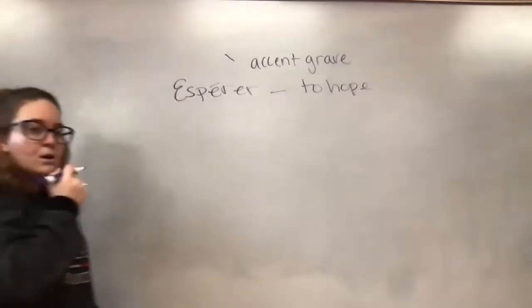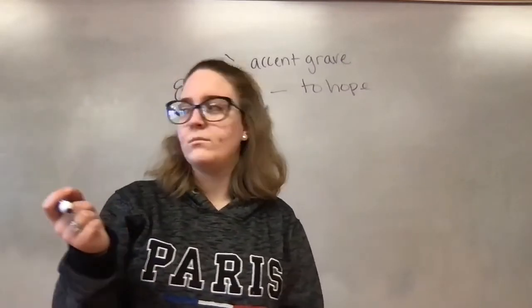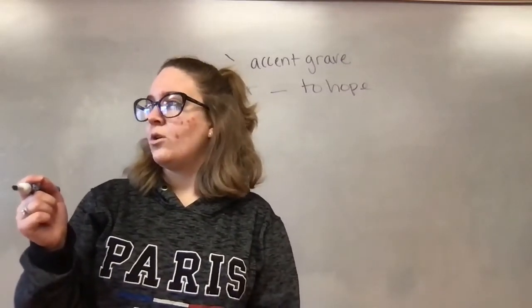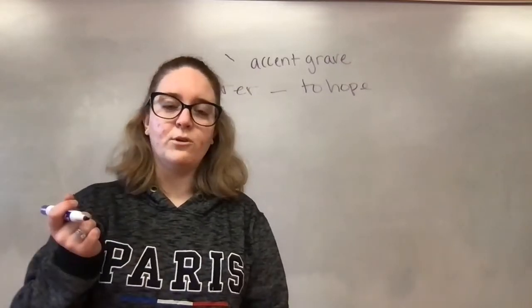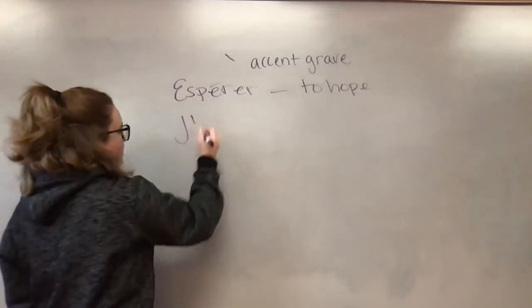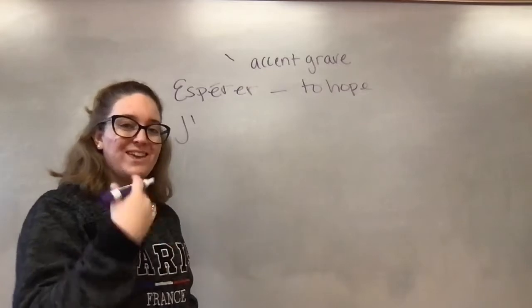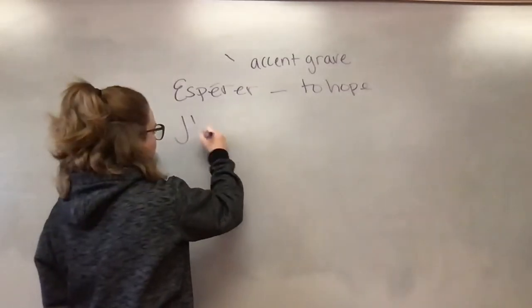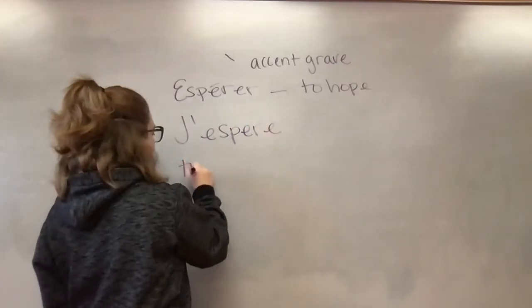All right. So when you say, I hope for good weather, j'espère pour le bon temps. All right. So again, these are regular ER verbs in terms of the ending. So let's just go ahead and conjugate these verbs like regular ER verbs.